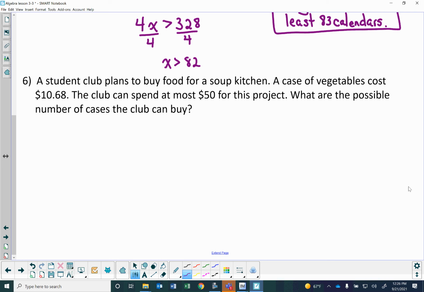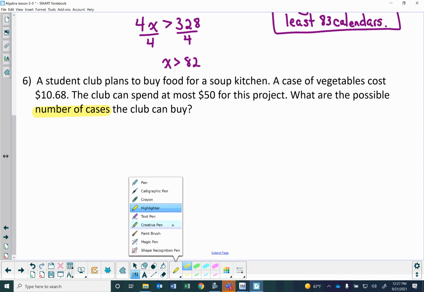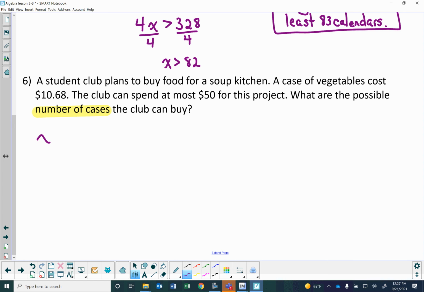Okay. So if I look at this again, normally the question that they're asking you is how you define your variable. So it says, what are the possible number of cases? I'm going to let X equal the number of cases, or N, or P, or Q. It really doesn't matter.